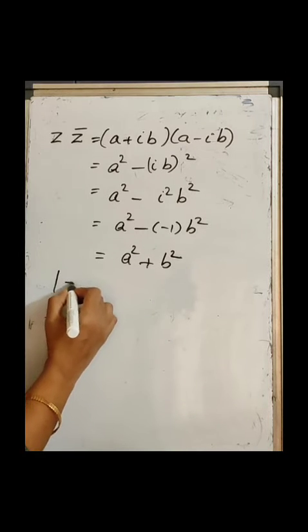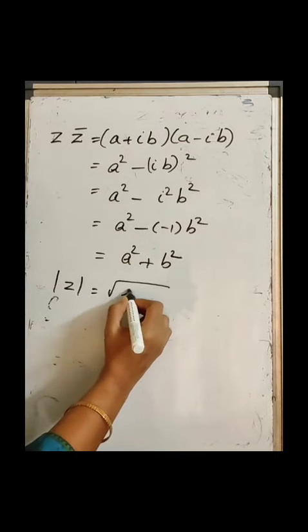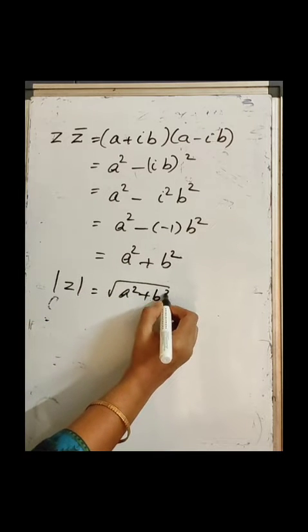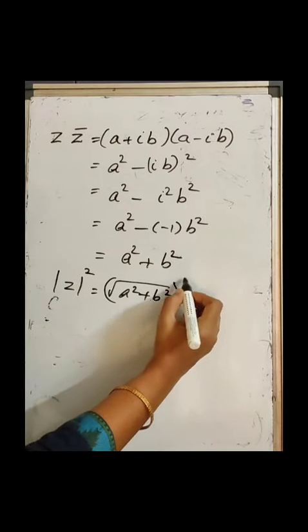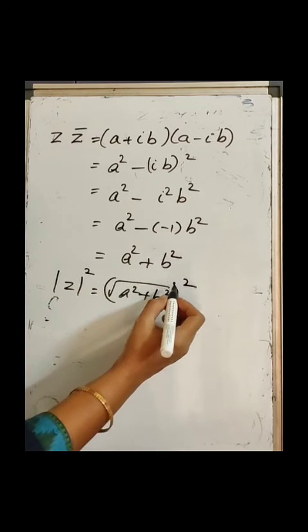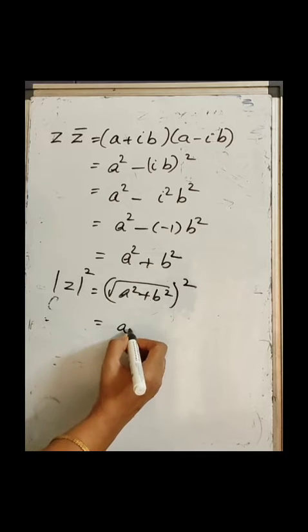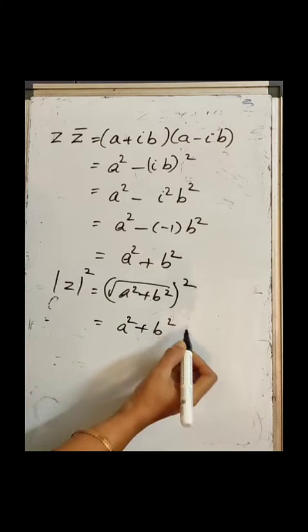We know that modulus of z is root of a square plus b square. So mod z square is, it is raised to 2, a square plus b square.